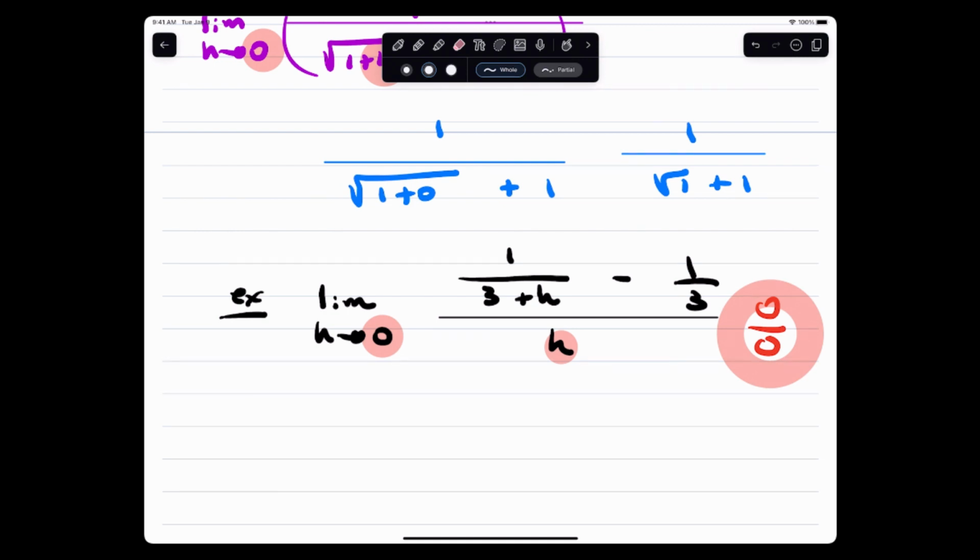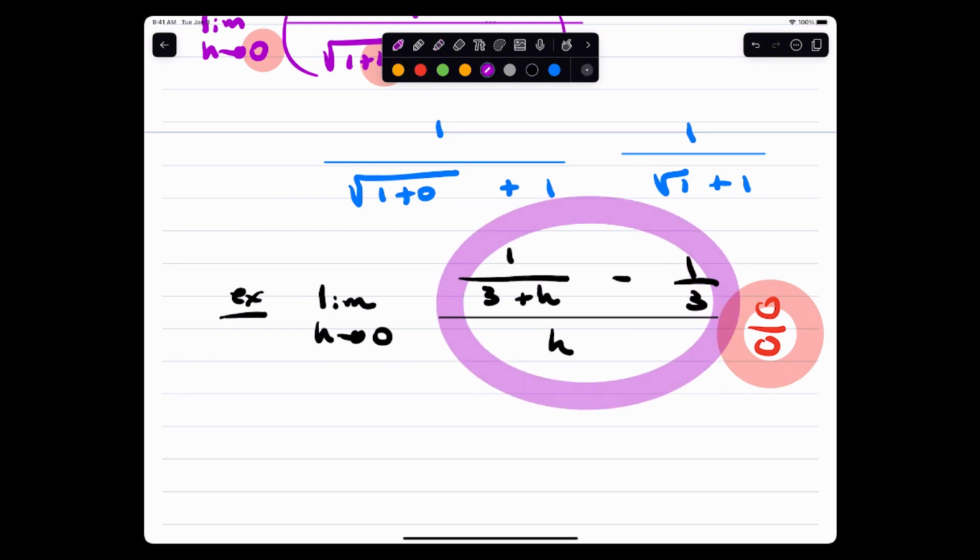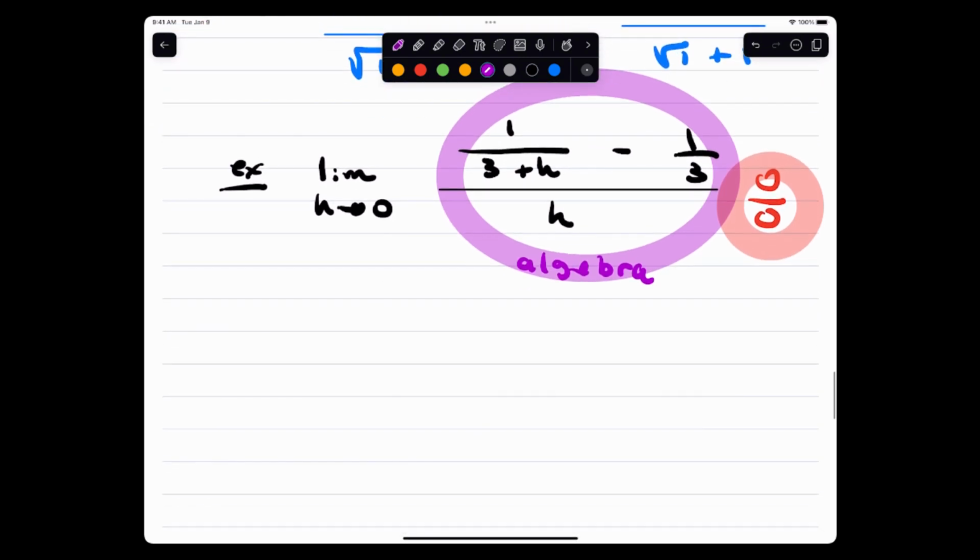All right. But now, if I said to you guys, okay, the fix is to do some algebra up here, right? So what kind of algebra do you guys think you could do here then? You're not factoring. You're not using conjugates. What are you actually looking at here?